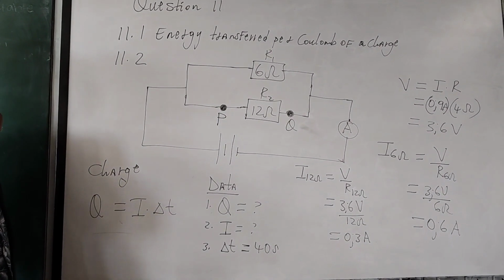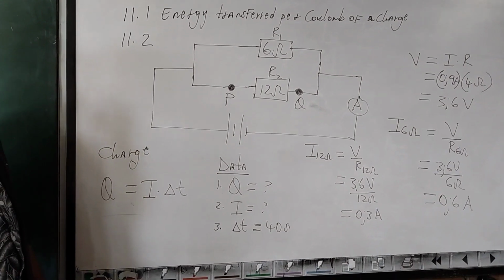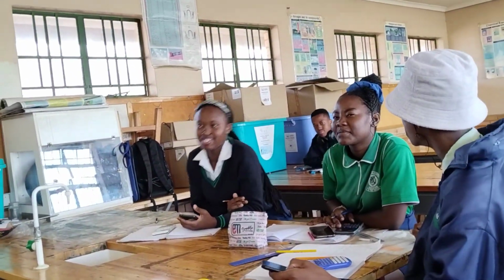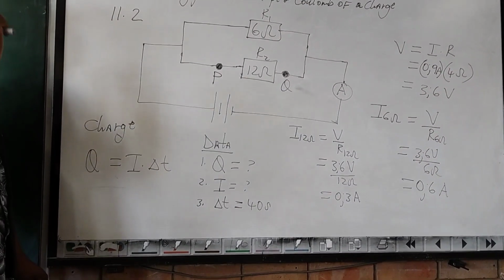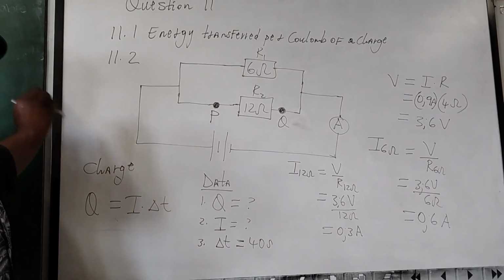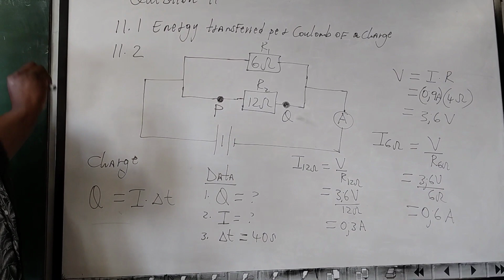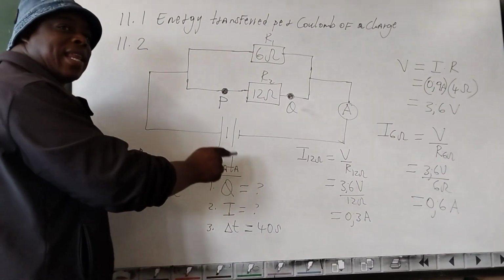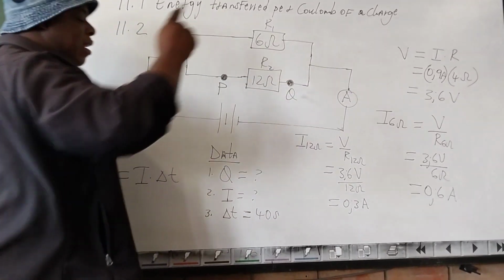Does the calculator confirm that? No, it's correct. Now we've confirmed that the path we've taken in solving this is the correct one, because the total current of these two added together is giving us 0.9.